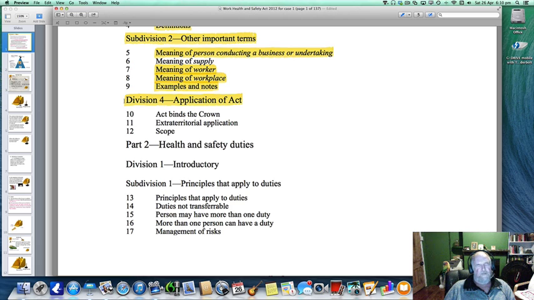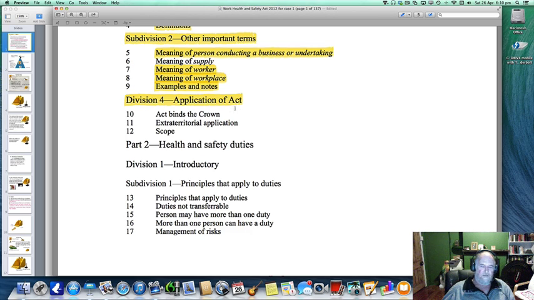If this happens in South Australia, then none of the other acts around Australia, other than, say, a federal act, will have any application to something which has happened in South Australia. So this one is the Workplace Health and Safety Act of 2012 for South Australia.